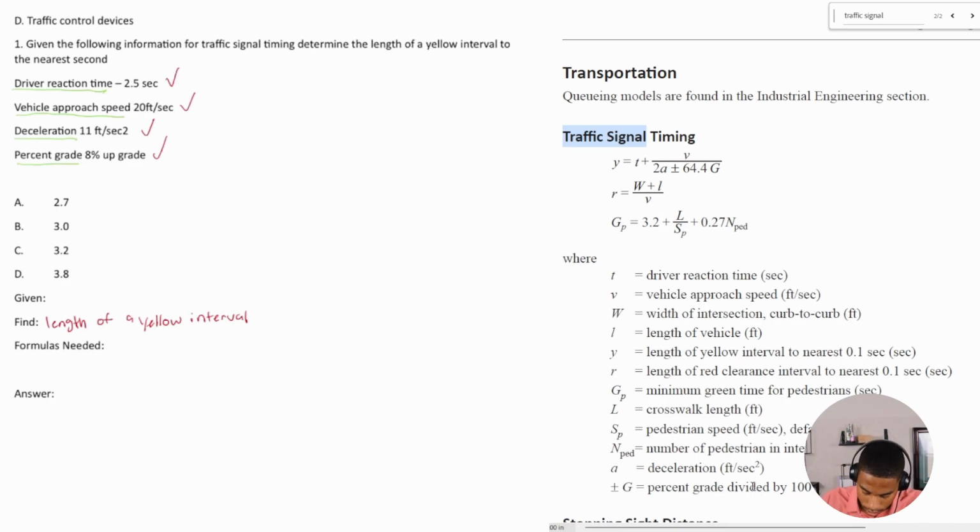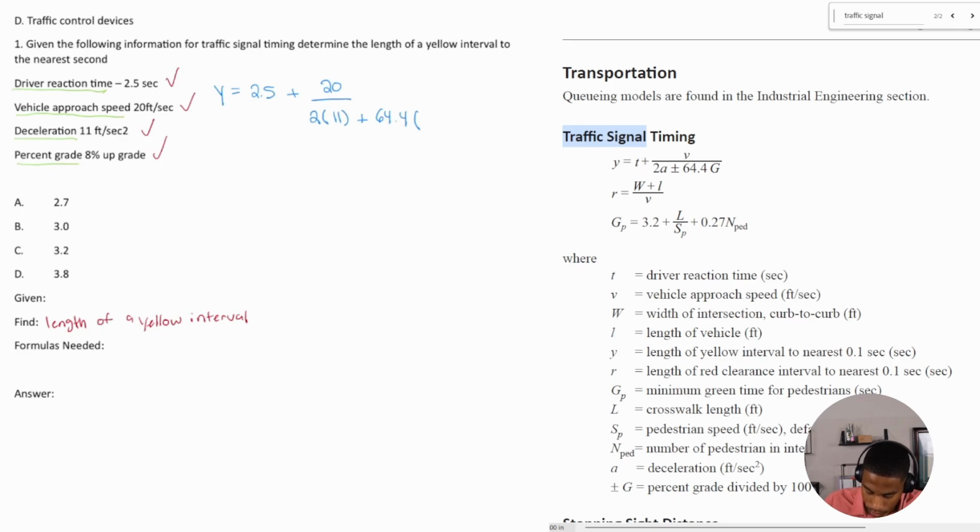So I'm just going to start plugging. Hopefully you can follow with me. So y is equal to t, which is 2.5, plus v, which is 20, all over 2 times 11, plus 64.4 times G, which is our grade.